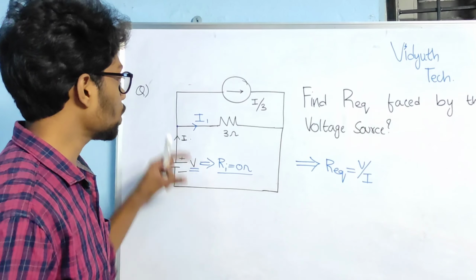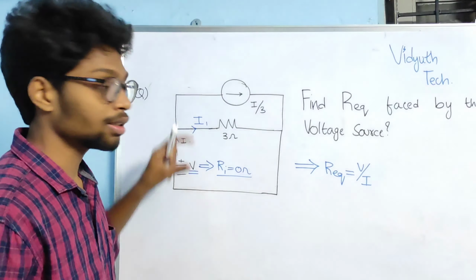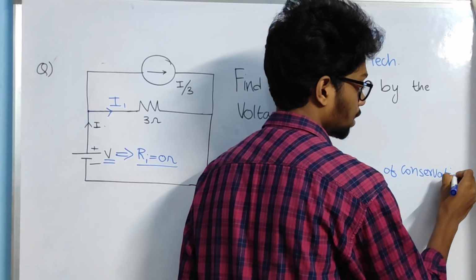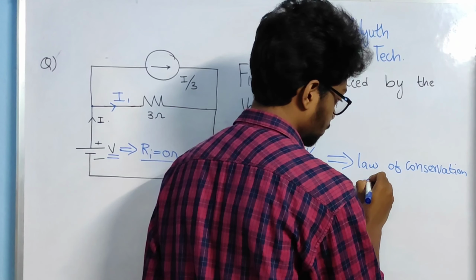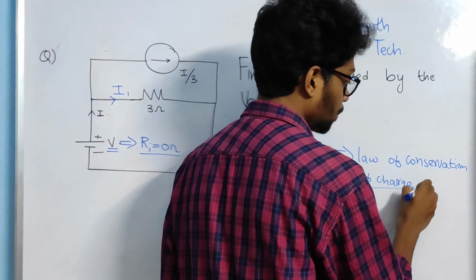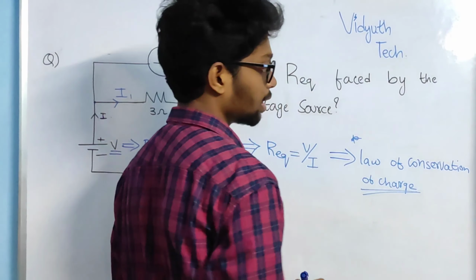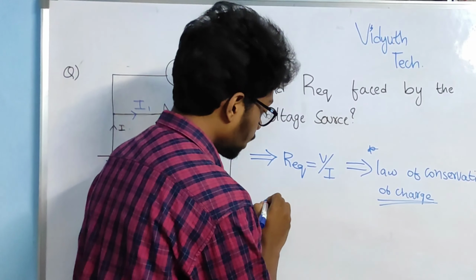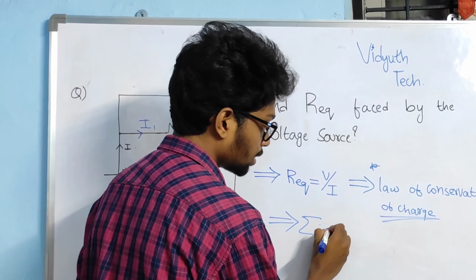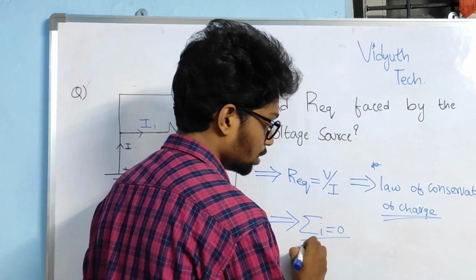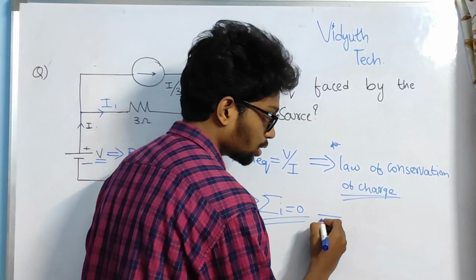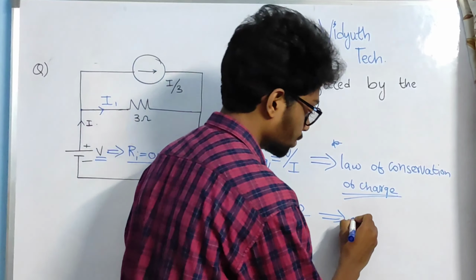We know according to Kirchhoff's current law, which is based on the law of conservation of charge, this is an important bit, friends, for SSC JEE Electrical. According to KCL, the algebraic sum of currents at a node is equal to 0. Algebraic sum means both addition and subtraction, friends.